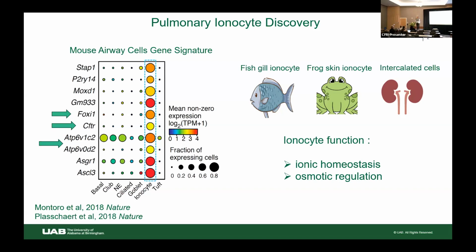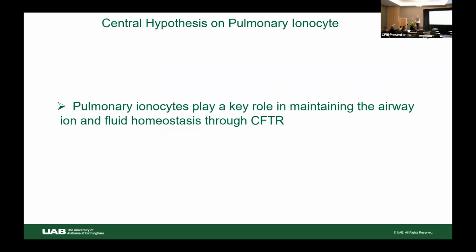So this made us think that ionocytes play a role in fluid regulation on the surface airway epithelium. This led to one of the central hypotheses on pulmonary ionocytes: we hypothesized that pulmonary ionocytes play a key role in maintaining airway ion and fluid homeostasis through CFTR.